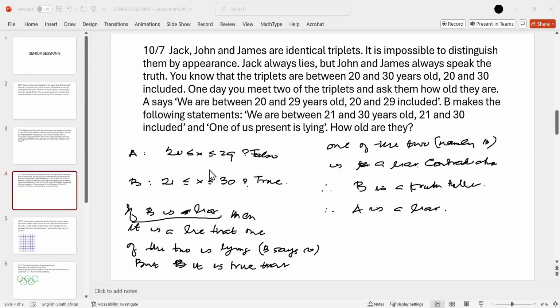All right, so if this is false and this is true, what must X be? That's another interesting question. So it is false that X satisfies this condition, and it's true that X satisfies this condition.